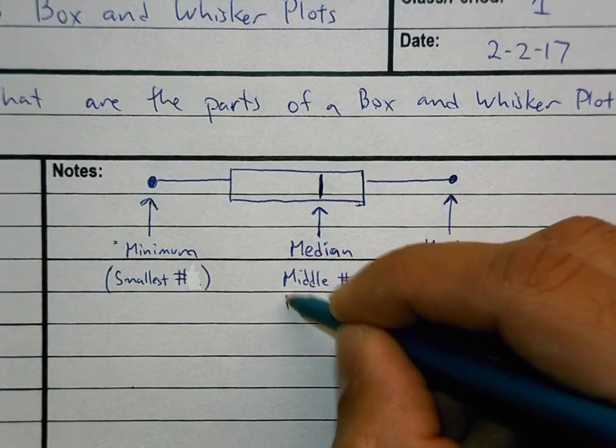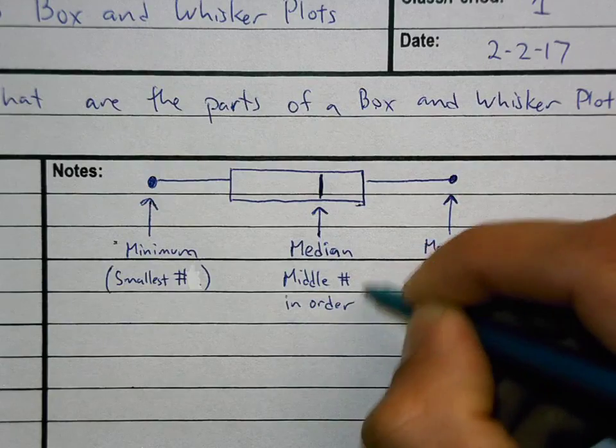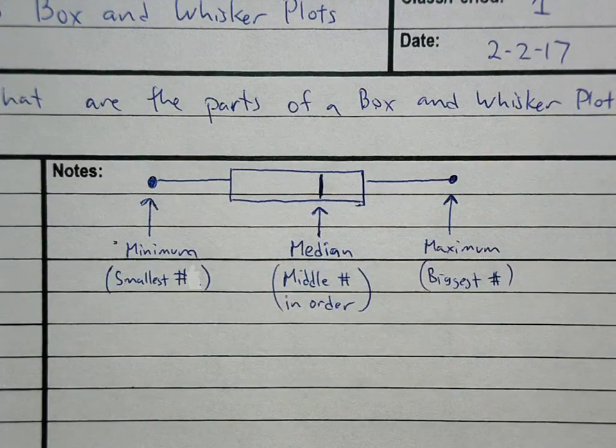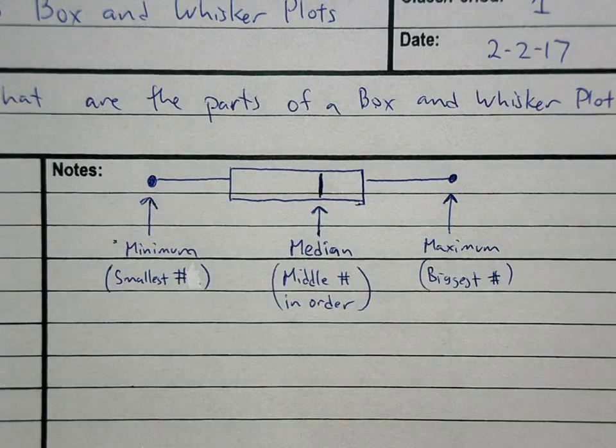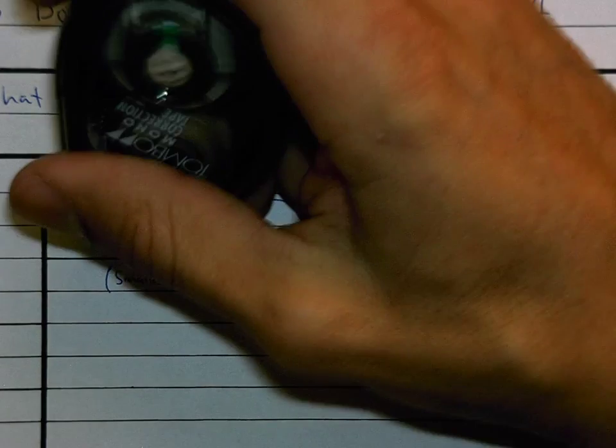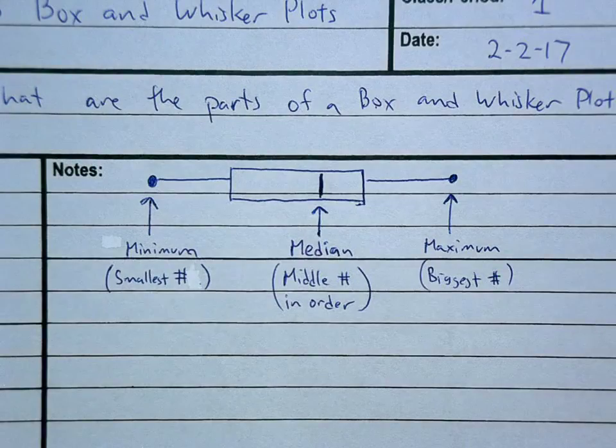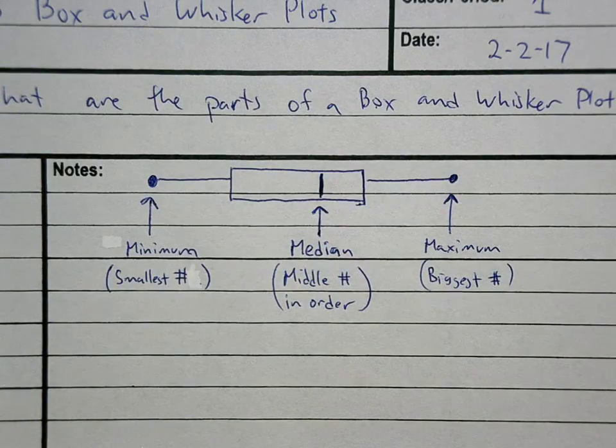Your middle number, when everything's in order, is the exact middle number. Sometimes you have to average two numbers if there's an even amount. So we know what our maximum is, what our median is, and what our minimum is. And it also gives us two other pieces of information that we have to know.